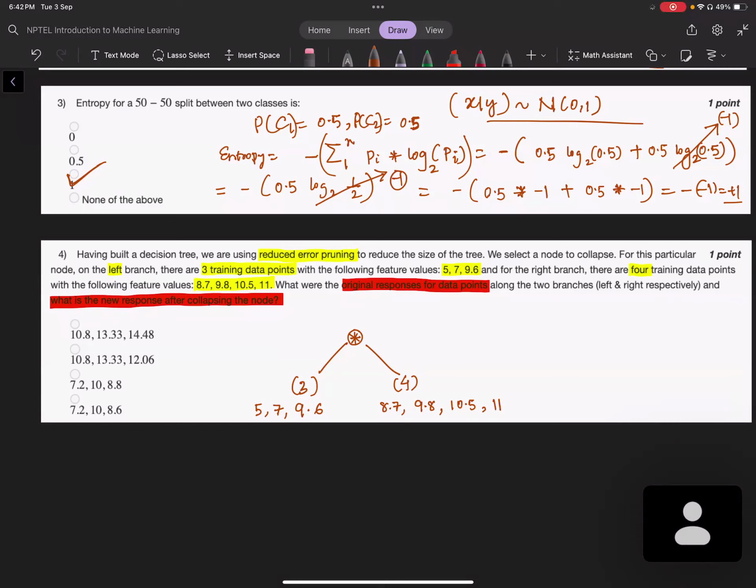So what were the original responses for the data points? It's sort of a prediction task. If you know the formula for that, you can easily get it. And if you know the algorithm for collapsing a node, how to merge all these data points to get a response, then the second question is easy too. So it's left, right, and collapse.